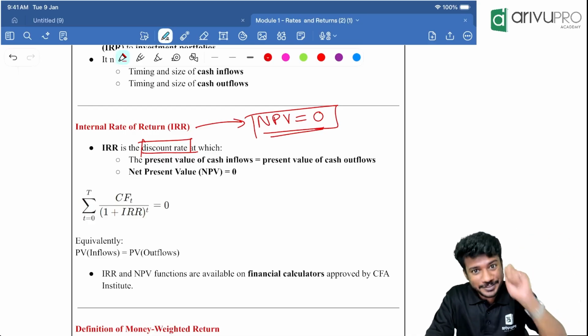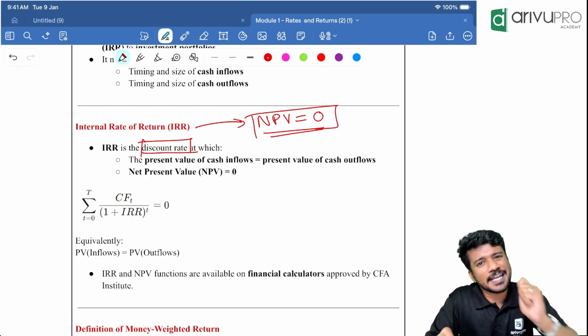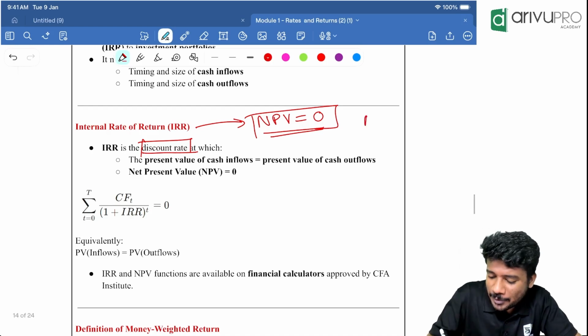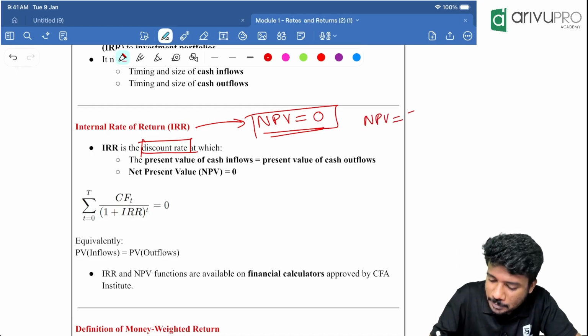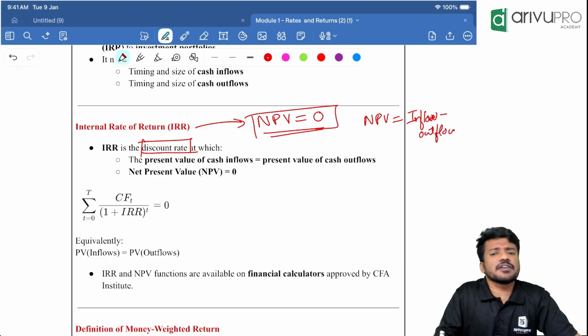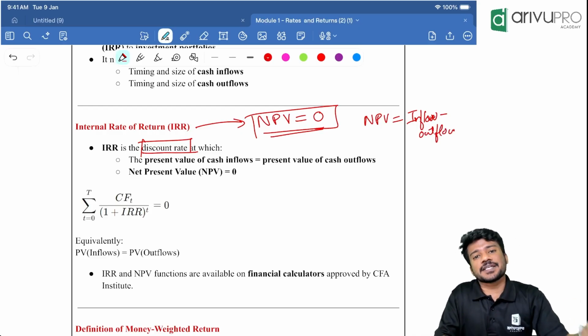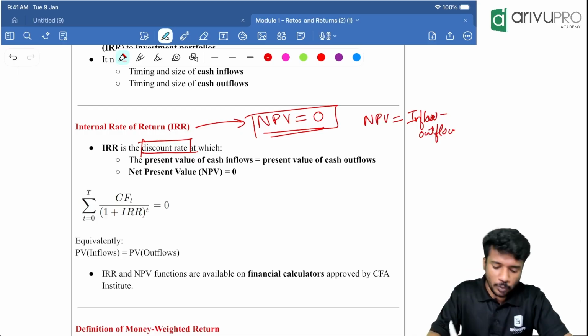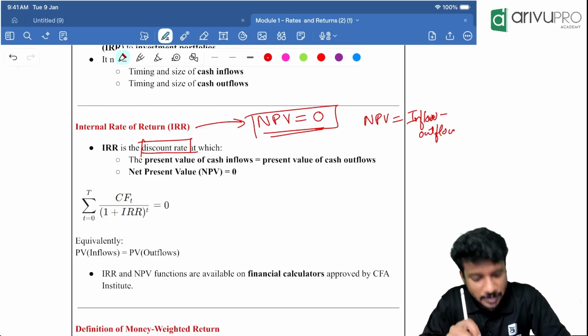Now, first of all, what is net present value? NPV is nothing but inflow minus outflow, that is, the present value of cash inflow minus the present value of cash outflow. That is the basic meaning of net present value.